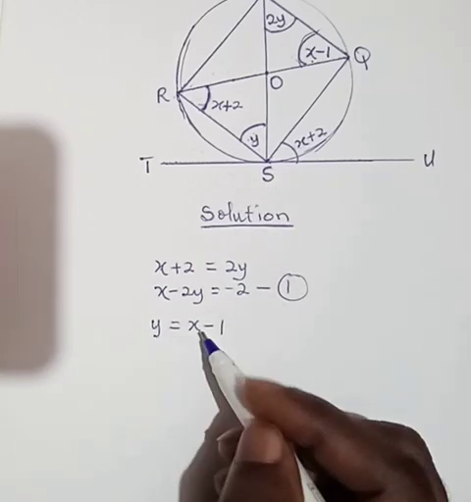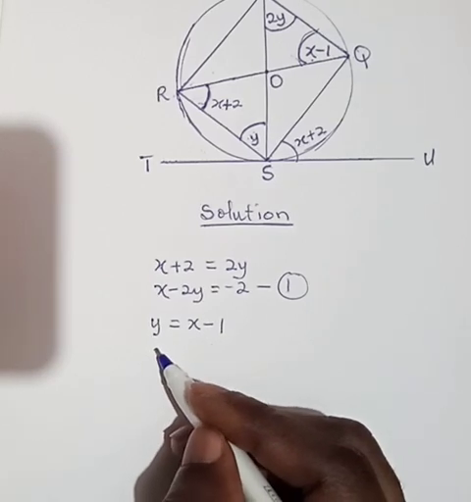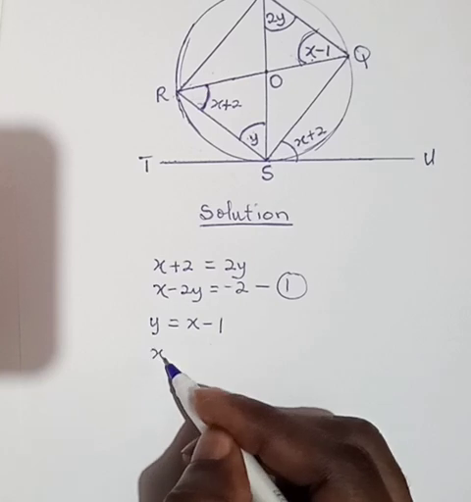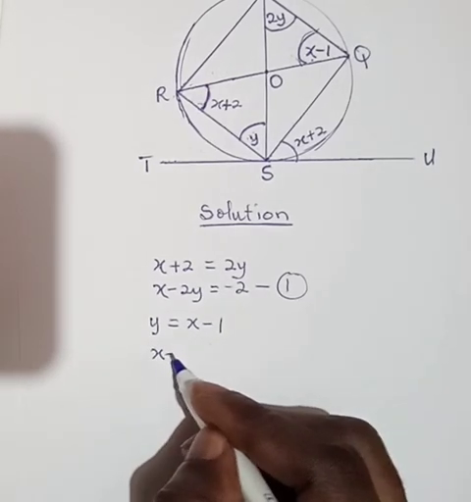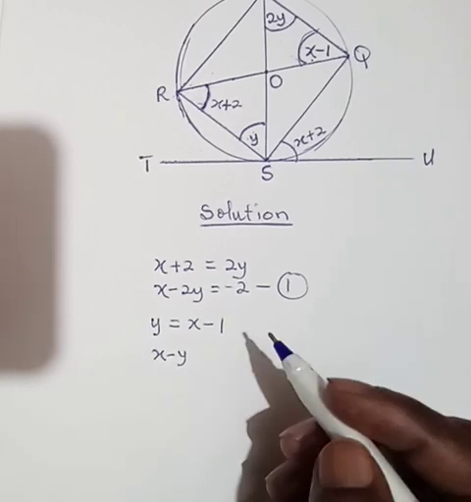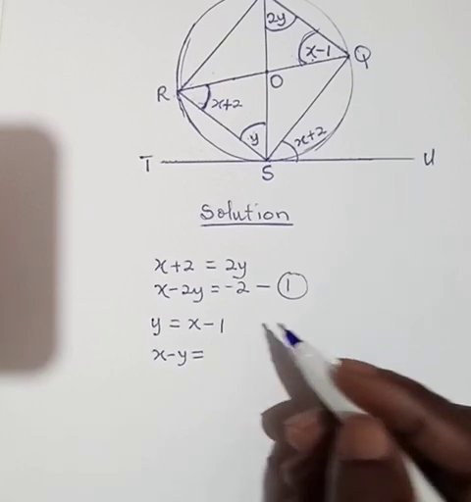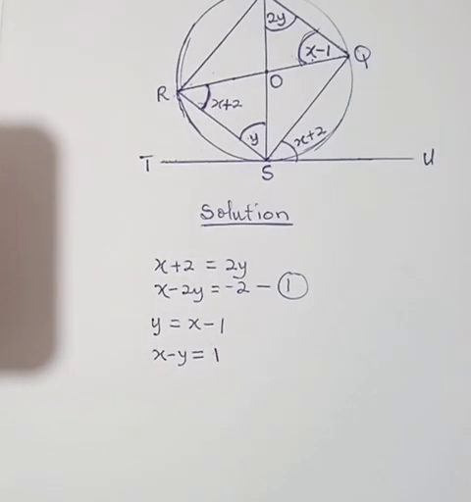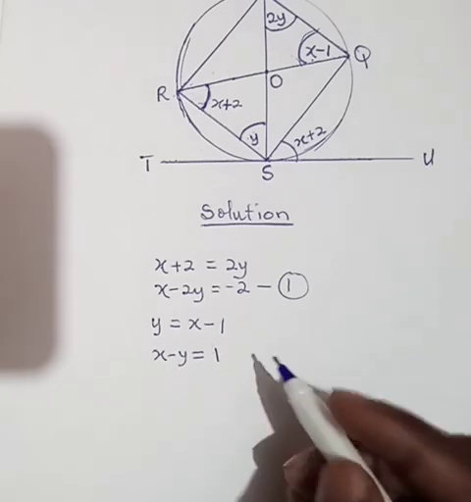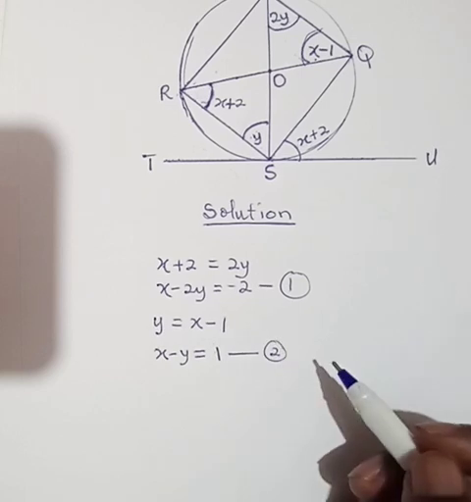So if I have this, then I can also write this as x minus y, which is equal to 1. So I can write this as this, and then I will also call this equation 2.